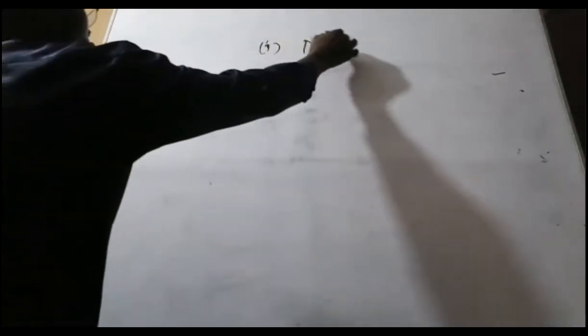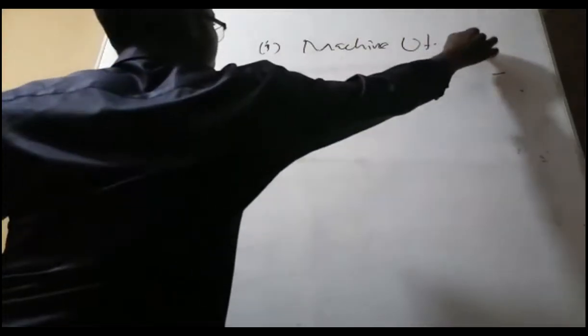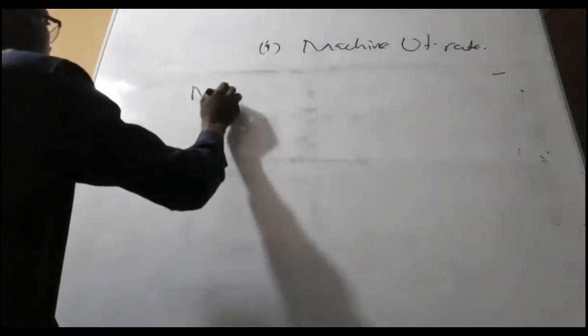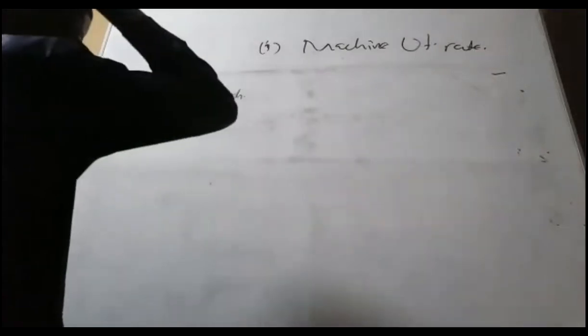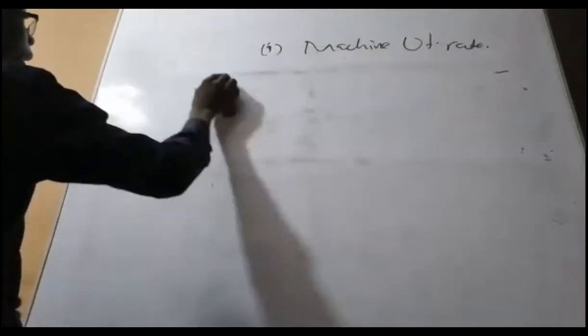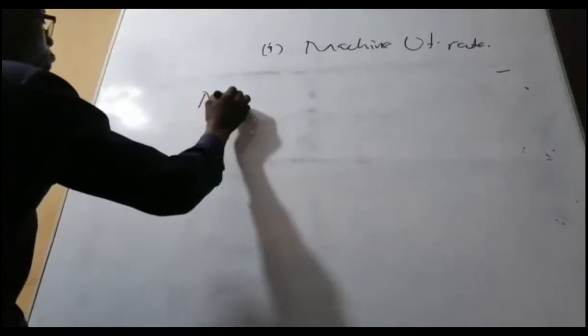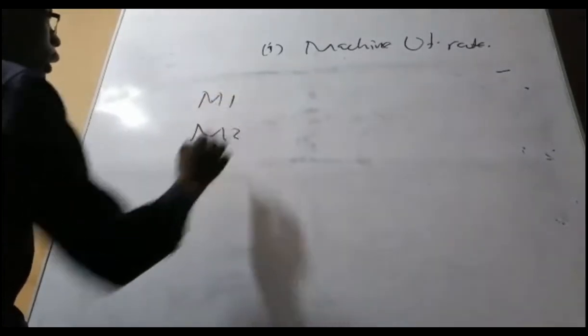So I'll start with A, part I. I'll tell the examiner that I'm calculating the machine utilization rate. How many machines? So I'll write machine type 1 and type 2, M1, M2.